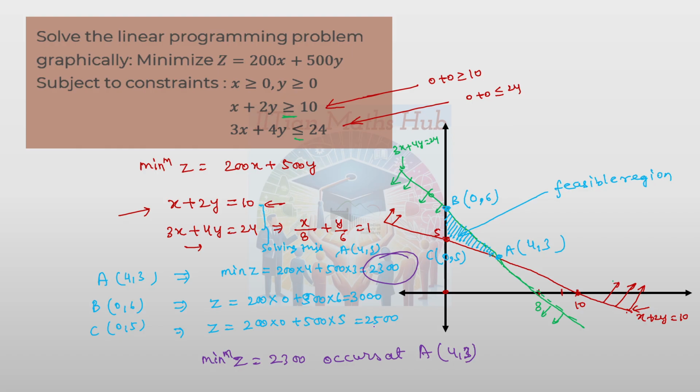One question we have done in which both areas are below the line. One question we have done in which for one of the lines the area is above the line, and for the second the area is below the line. Now we are going to discuss when the open area is there, which we call unbounded.